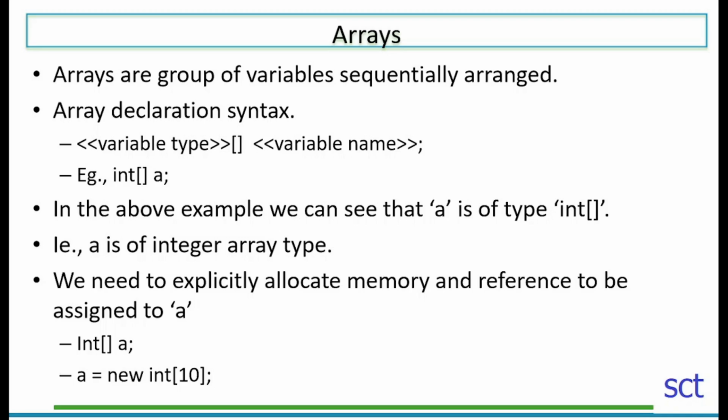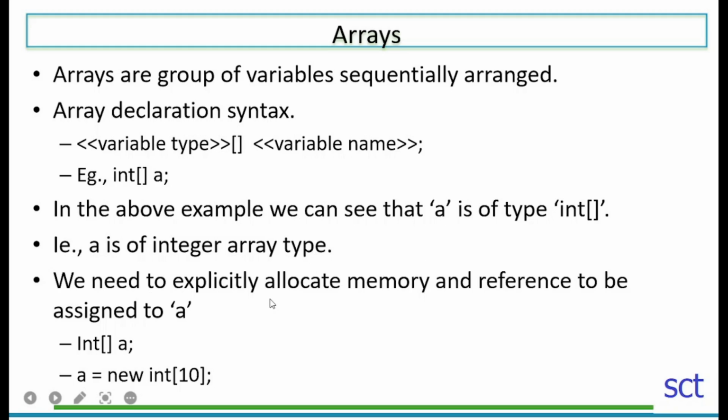Example, you say int[] a. So a is an array of integer array type. A is a variable of integer array type. In the above example, we can see that a is of type int[], which is nothing but an integer array type.